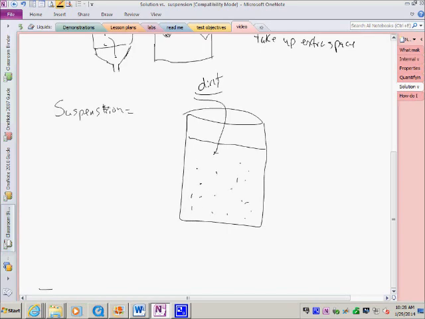It may look like it's totally dissolved, but it's not. Give it 1 hour, and this thing just starts settling to the bottom.